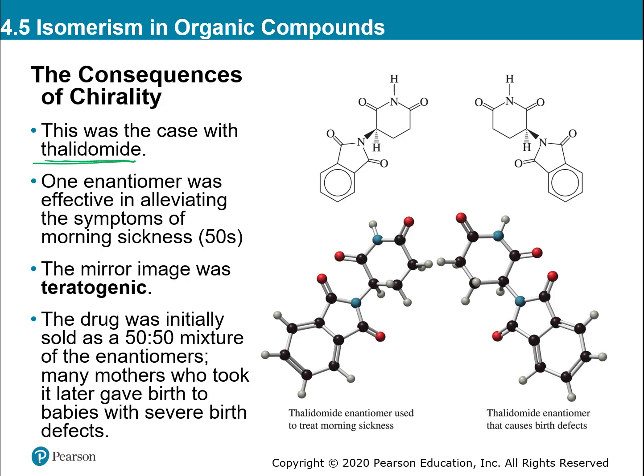So thalidomide, and there's the two structures, when it was tested, they only tested one enantiomer pair. The fact that it had a chiral carbon was not identified. They tested the one enantiomer pair and found that it was really effective at reducing morning sickness.